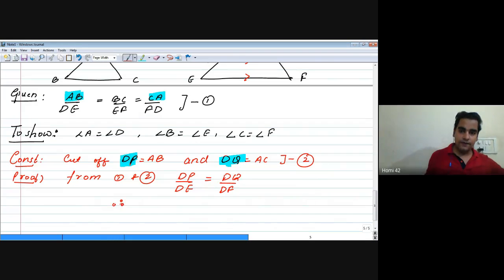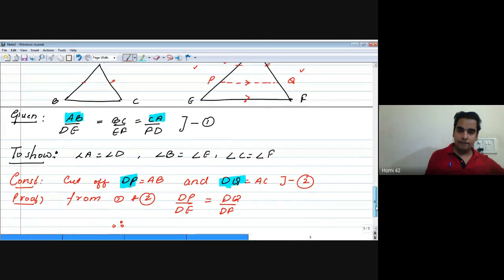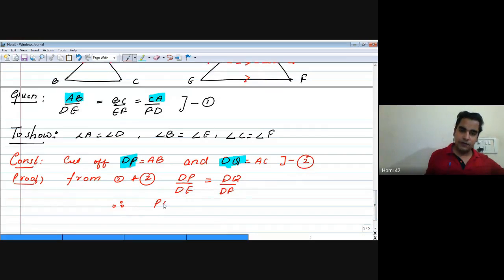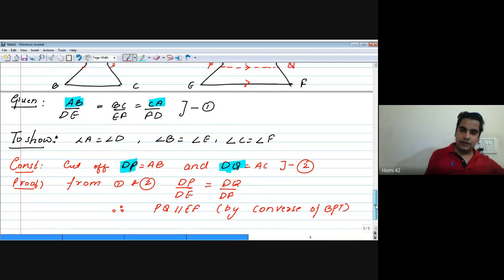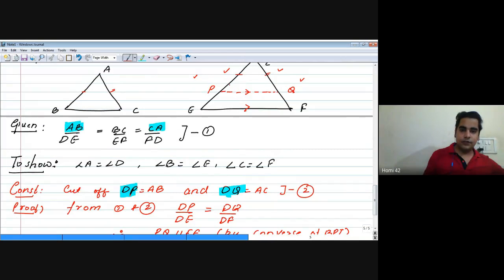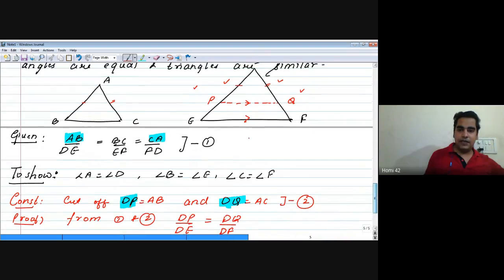Therefore, what do we have? We have this line, PQ parallel to EF by converse of BPT. Right? So if PQ is parallel to EF, can we say that this angle is equal to this angle and this angle is equal to this angle, corresponding angles?